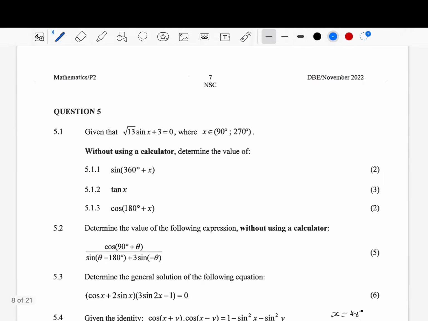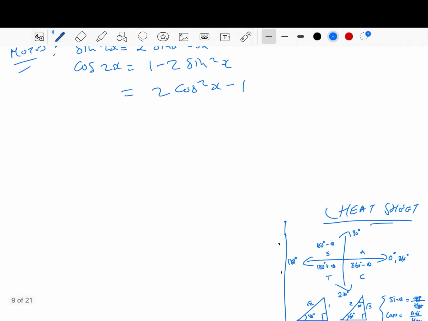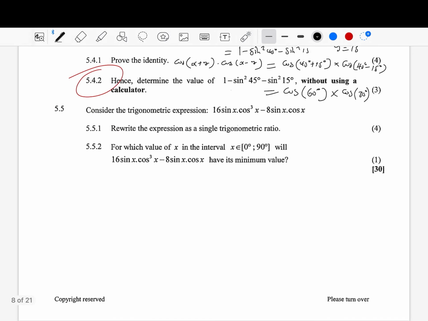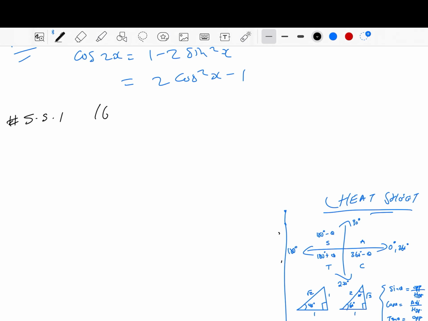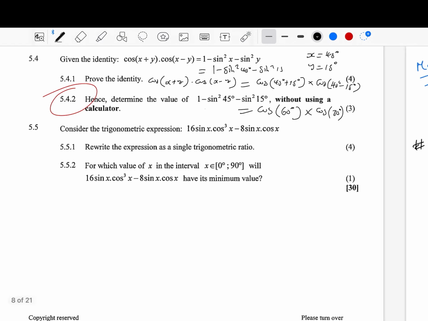Okay, so let's go to 5.5.1. Rewrite the following expression as a single trigonometric ratio. So let's write this long expression first. This is 16 sine x cos x cubed, minus 8 sine x cos x.